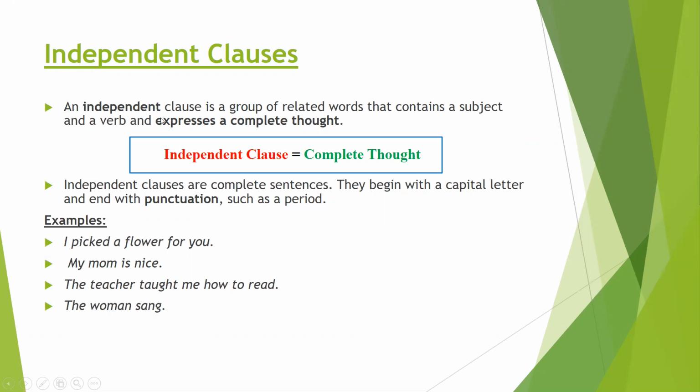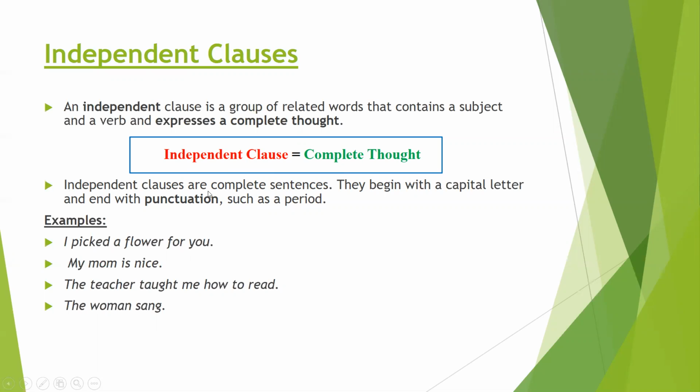Independent clauses. An independent clause is a group of related words that contains a subject and a verb and expresses a complete thought. Independent clause is equal to complete thought.